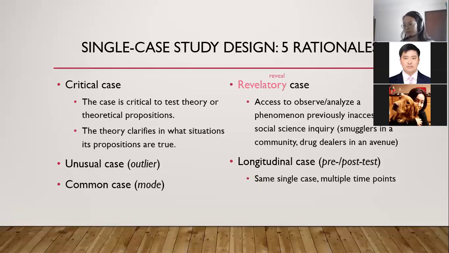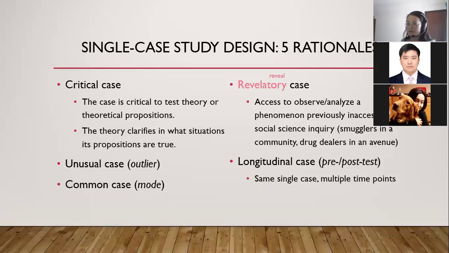So common case. They are very easy to understand. Longitudinal case also is like pre-post test. So let's say that is to basically observe the case at 2 different or multiple different time points before or after a certain point. So that is like pre-post test. So these 3 cases are very easy to understand.